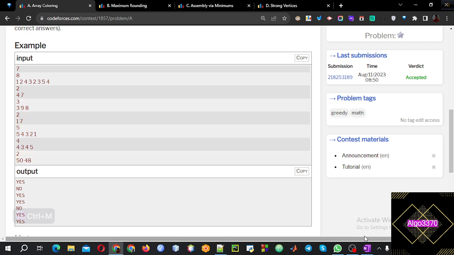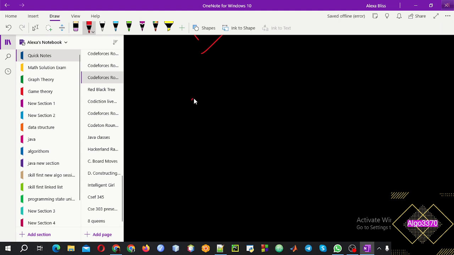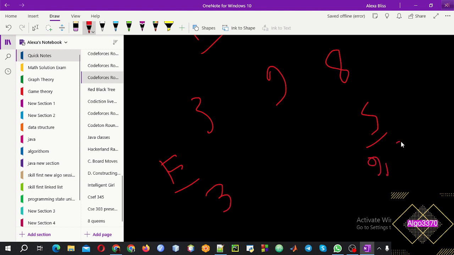3, 9 and 8. Here this is our first portion and this is our second portion. At first we will keep only 3 here, and 9 and 8 in the second portion. What is the parity of the summation of the first portion?